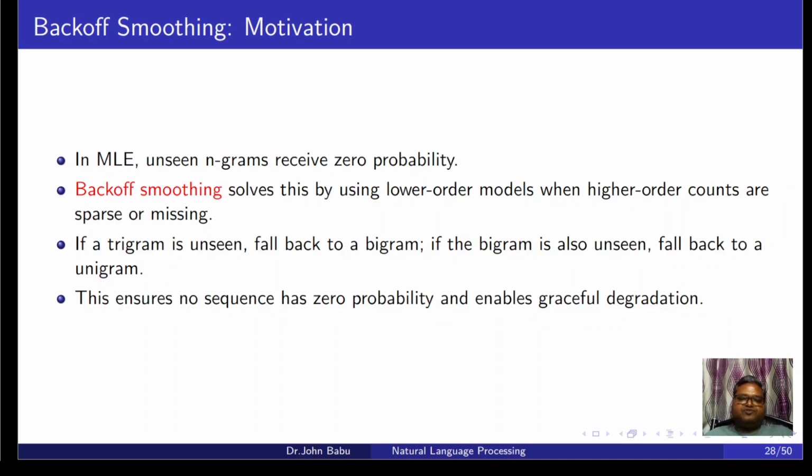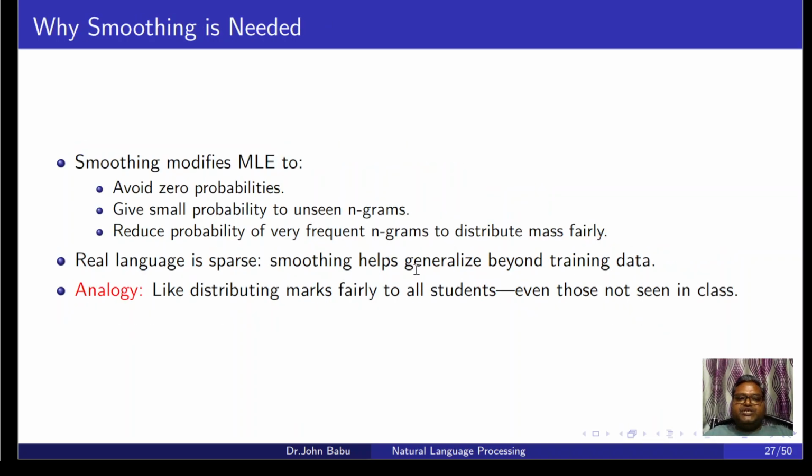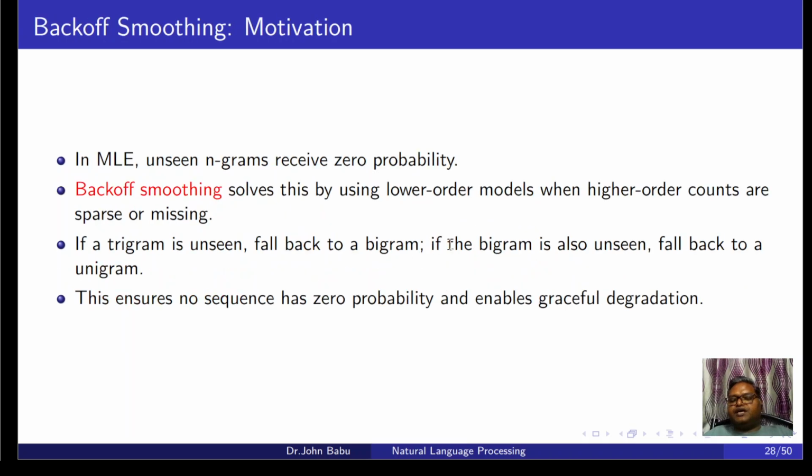So Backoff smoothing tells us, because the trigram is not seen, let us fall back to the bigram. Let us assign the probability of "is playing", the bigram's probability. If the bigram is also not there, assign the unigram probability. So this is known as Backoff smoothing.